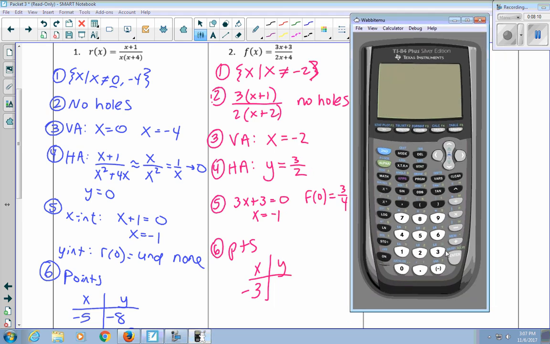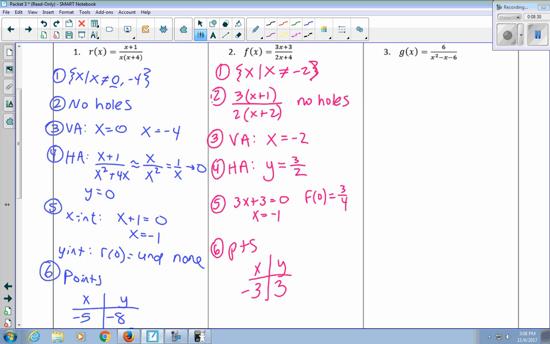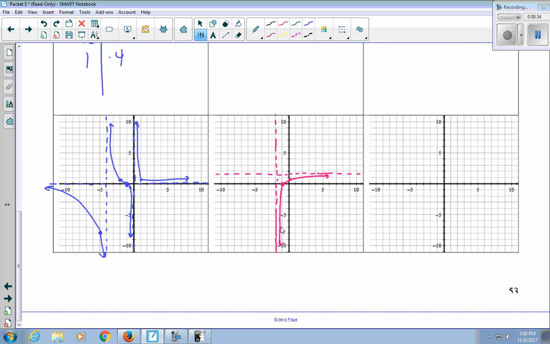So 3 times -3 plus 3 over 2 times -3 plus 4 is 3. So -3, 3 is a point on my graph. Scroll down and plot the point -3, 3 right there, which means I can now approach my two asymptotes, and it's done.